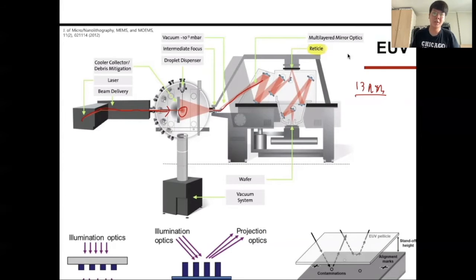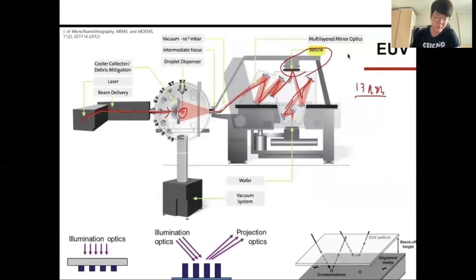The three types. In EUV, we use these reticles here. We use reflection to expose the wafers. These EUV systems are very complicated optical systems, and making these EUVs using vacuum systems is very hard.